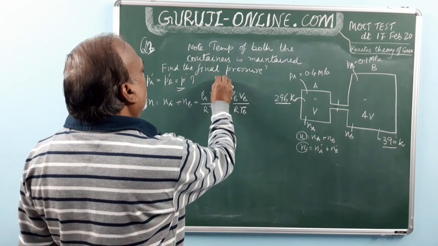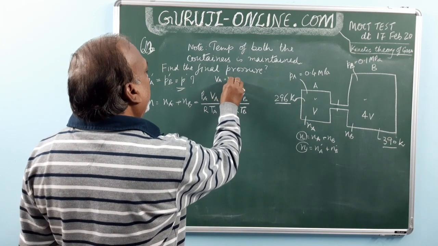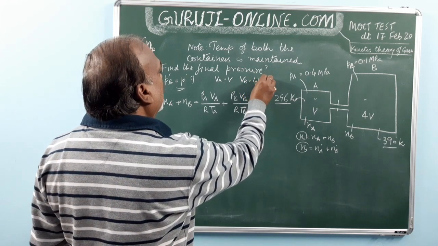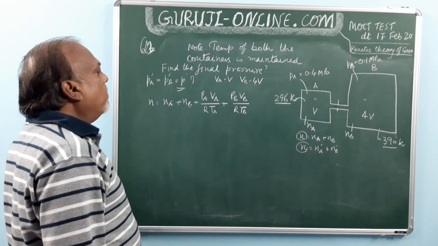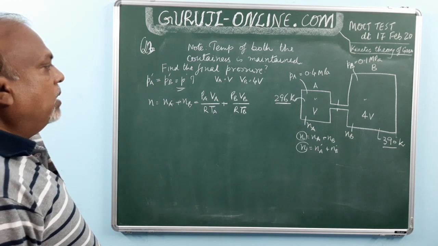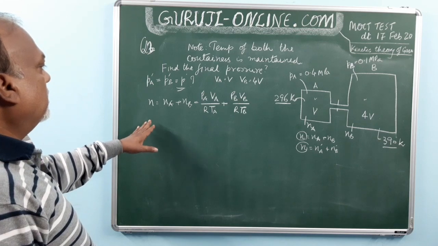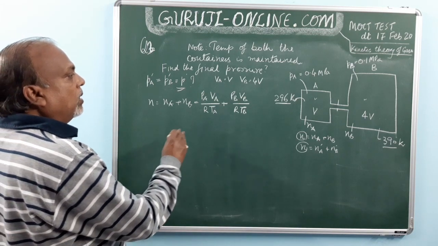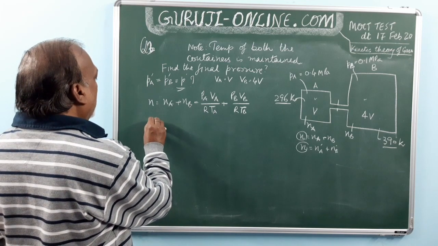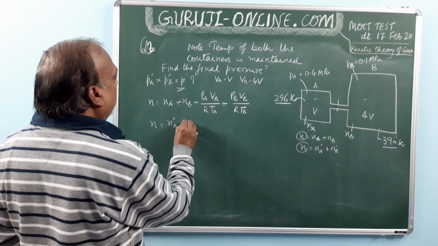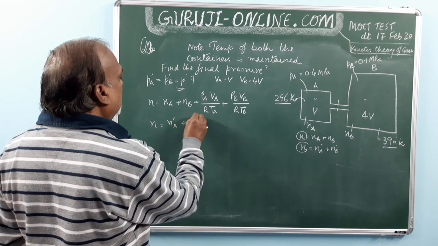VA is equal to V and VB is equal to 4V. When this clip is opened, it is allowed to mix, then what will be? Na dash plus Nb dash.